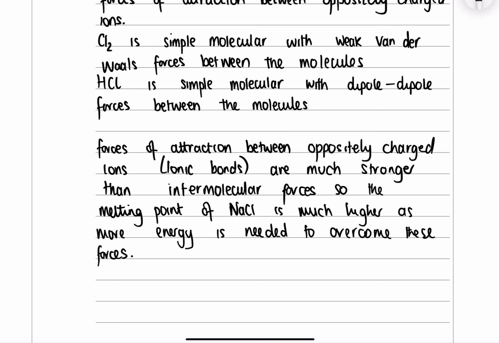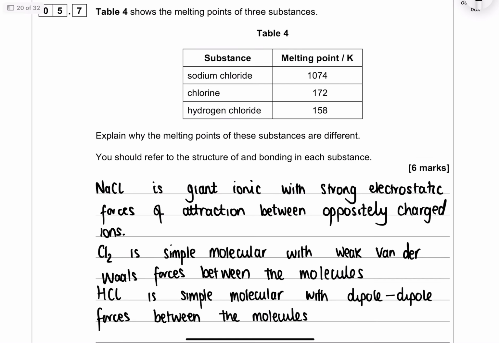What we need to look at now is why the melting point of chlorine is higher than that of hydrogen chloride, because our understanding of intermolecular forces is that dipole-dipole forces are stronger than van der Waals, yet this data shows it the other way around. So what we would need to realise is that chlorine, Cl2, has an Mr of 35.5 twice, so that's 71.